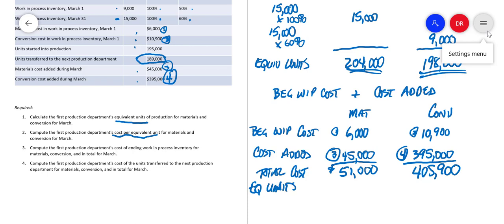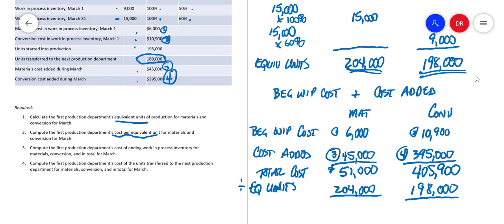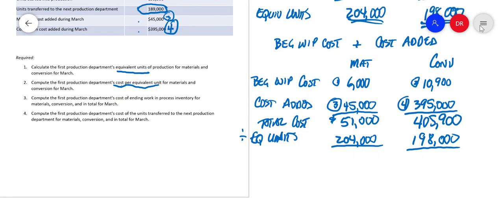For materials, it's 204,000. For conversion, it's 198,000. So after dividing these, you get the cost per equivalent unit for materials of 25 cents per unit.